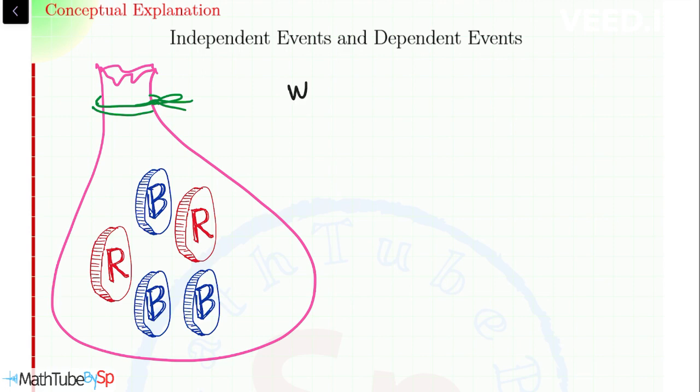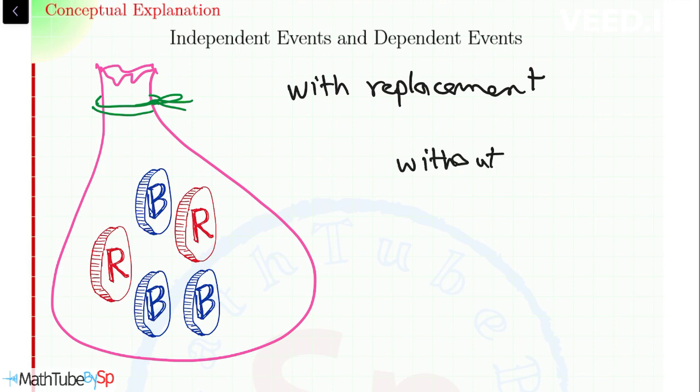So one will be with replacement and the second one will be without replacement. In the first case, with replacement, the scenario in the bag remains as it was before, without any effect of the first coin being drawn.